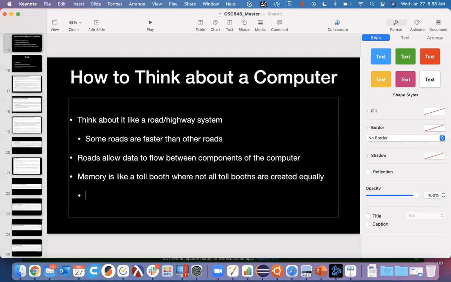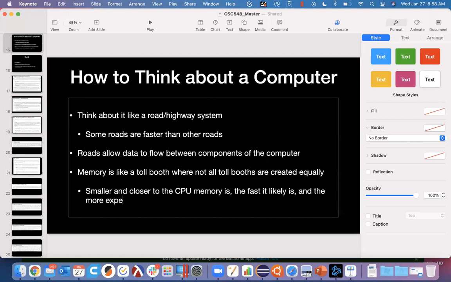Typically, we might say with computers that the smaller and closer to the CPU memory is, the faster it likely is, and the more expensive per bit it likely is.